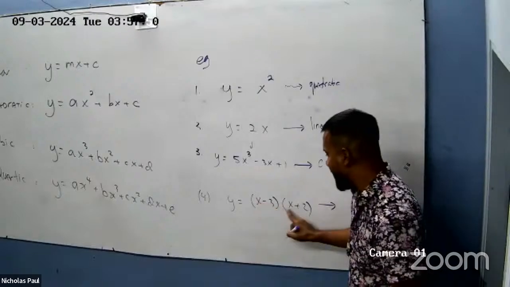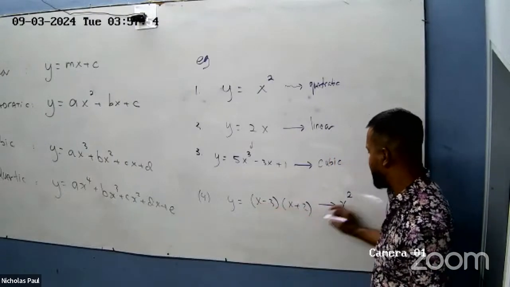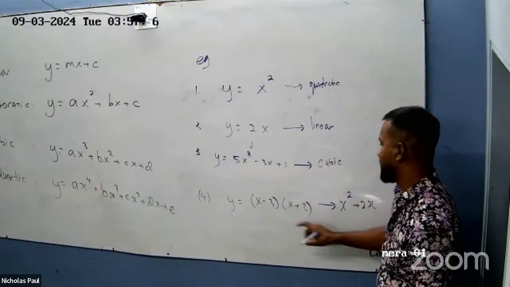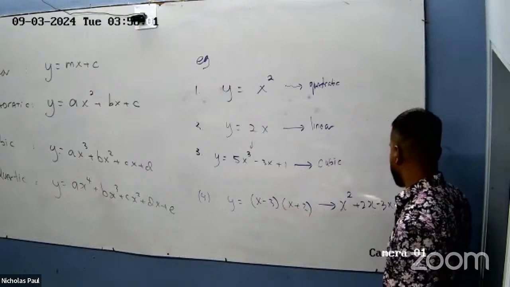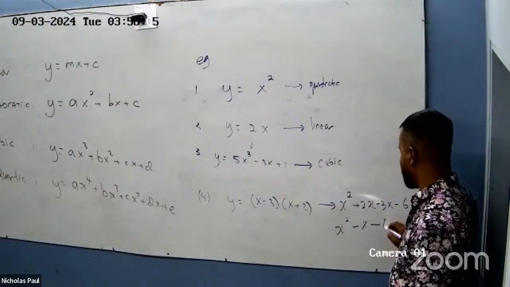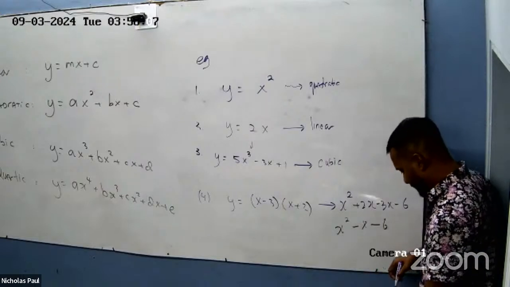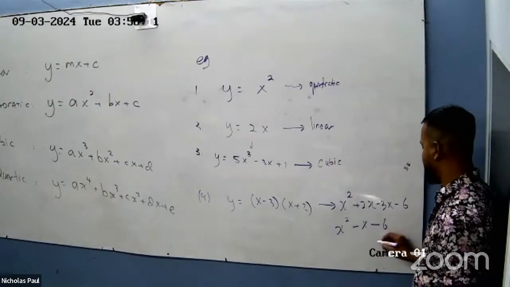So x by x is x squared. x by plus 2 is plus 2x, minus 3 by x, minus 3 by plus 2. Right? So you're going to get x squared minus x minus something. Okay? So this is a quadratic.